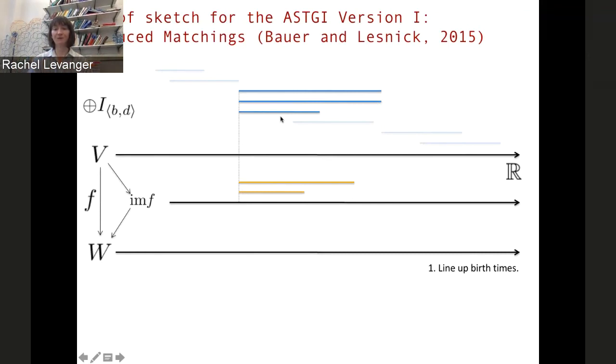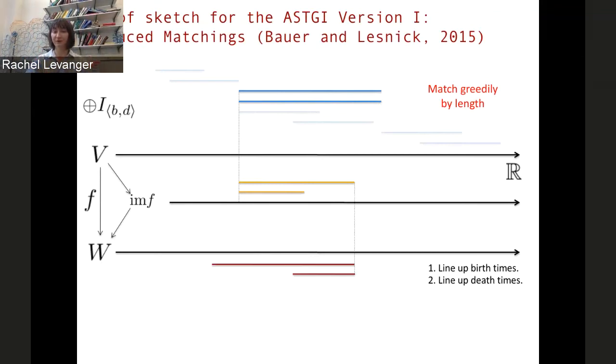So maybe this one was mapped to 0 for whatever reason, or who knows what might be happening here. We've got these two bars that are matched up, and we're going to match them greedily now by length. So the longest bars in the blue set are going to be matched to the longest bars in the yellow set. And this can always be done, per a theorem in the Bauer and Lesnick paper.